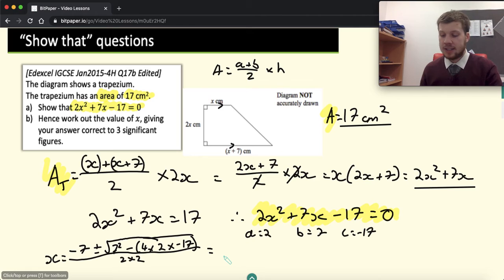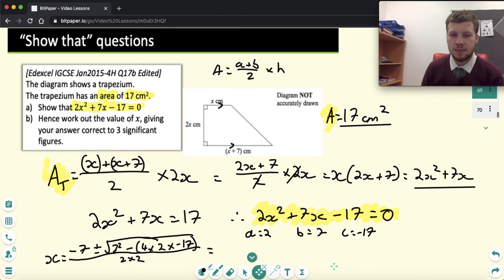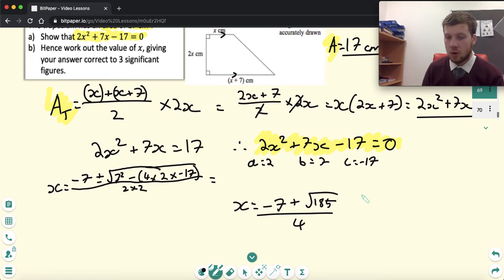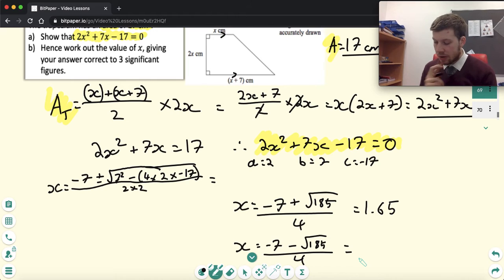So therefore that gives me the answer of x equals, let me just drag down so you can see, x equals negative 7 plus the square root of 185 over 4, which is 1.65, I hope, and x equals negative 7 take away the square root of 185 over 4, which is negative 5.15.